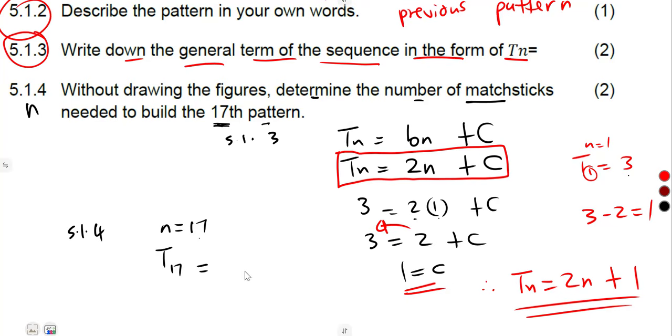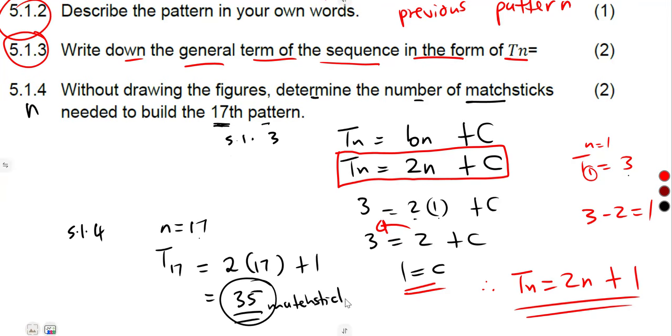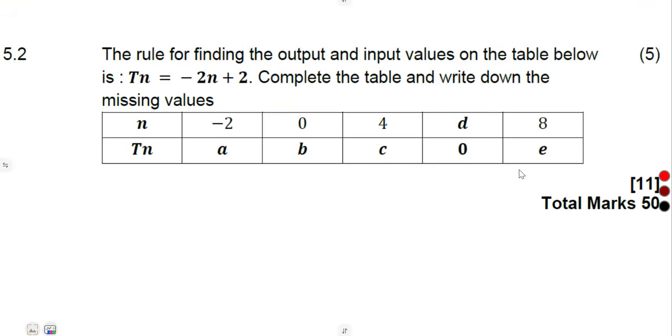So that's 2 times 17 plus 1. All right, 2 times 17, that's 34, plus 1, which is going to give us 35. So we are saying in the 17th pattern, there are 35 matchsticks that we are going to have. Just like that. All right.